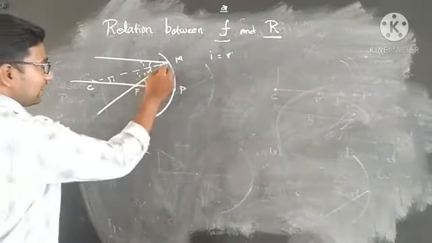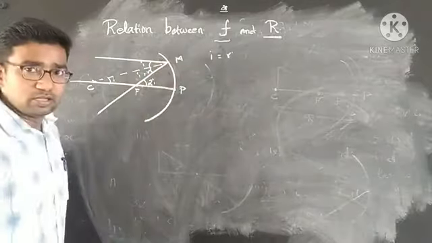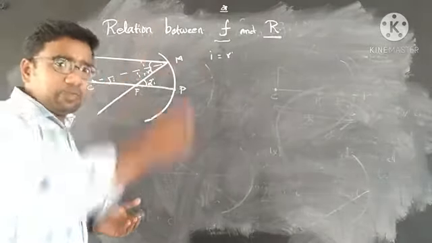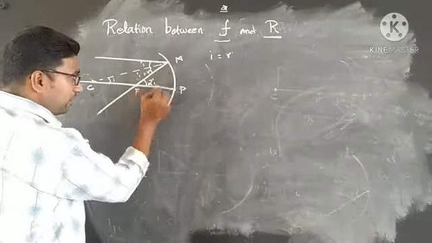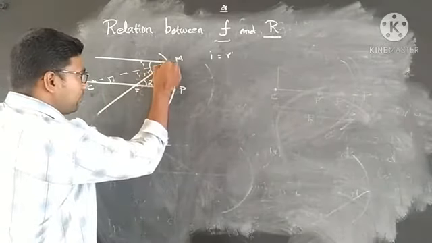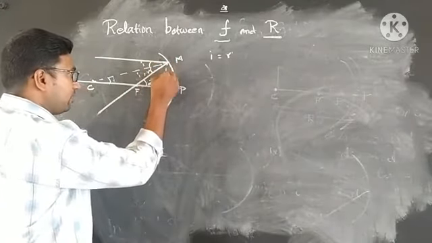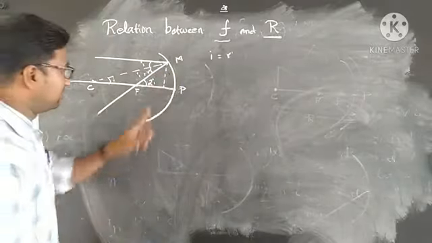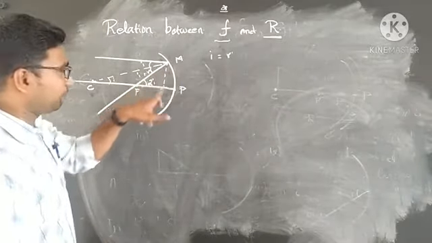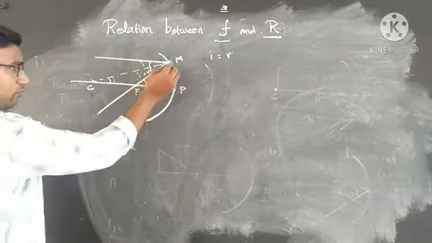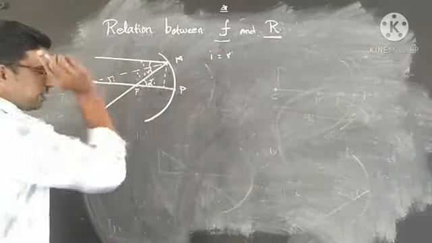One is MFP. Now I am going to draw an imaginary line perpendicular to the parallel axis from the point M. This is the triangle MFP, and one more triangle is MCP.